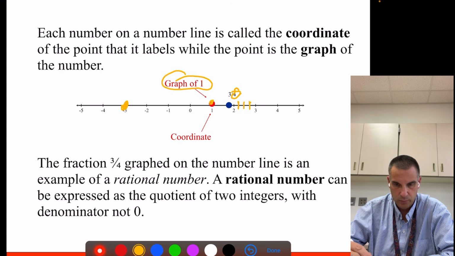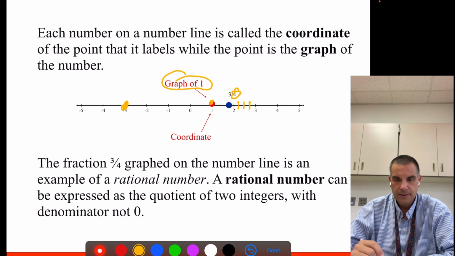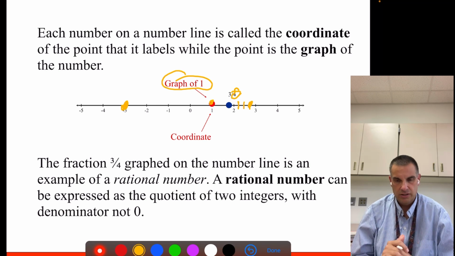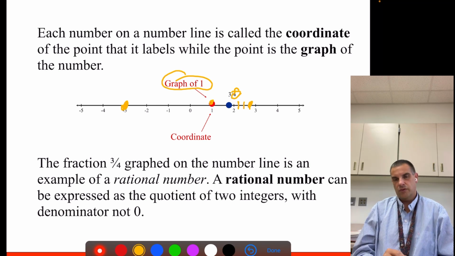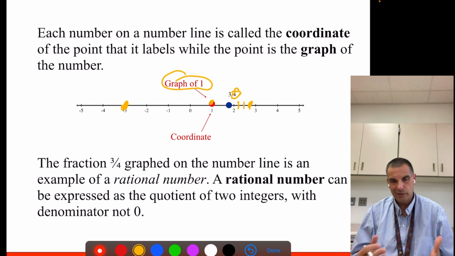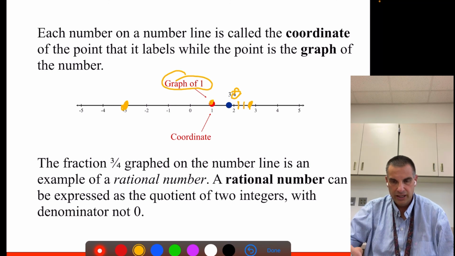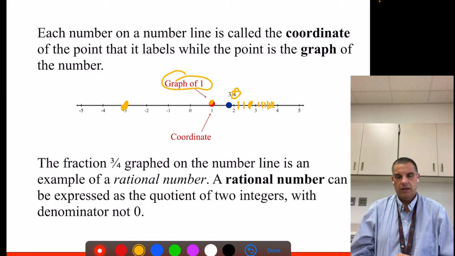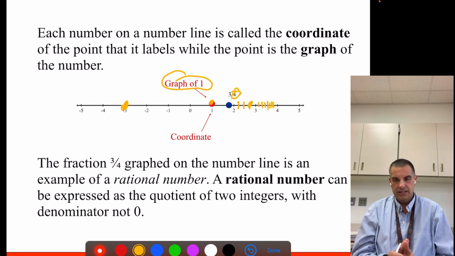If I'm going to do 2 and 3/4, I do 2 and 3 of those. You read a tape measure. If it's 3 and 3/8, you break it up into 8ths, and then you count from there. The denominator is the number of places that you break it up into.